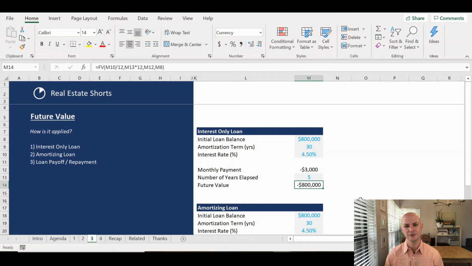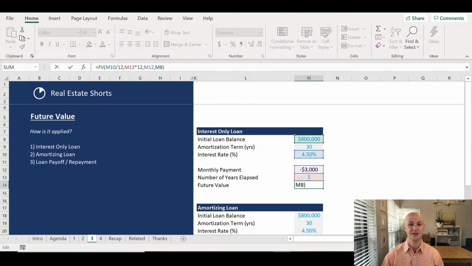A quick side note, whenever we talk about interest-only loans, there's no amortization that takes place. So the future value is exactly equal to the original present value, the original principal amount that you borrowed. So in this example, we're using the exact same function, but because the payment was calculated based on an interest-only structure, there's no amortization that gets placed.